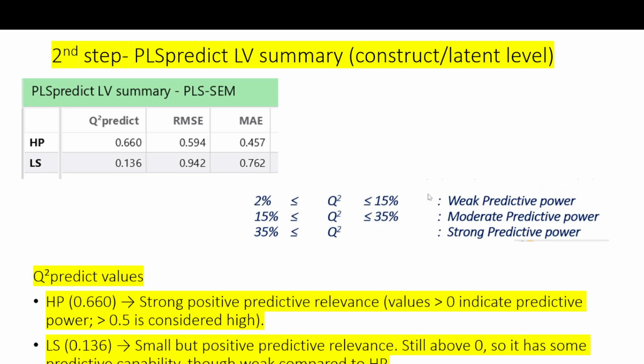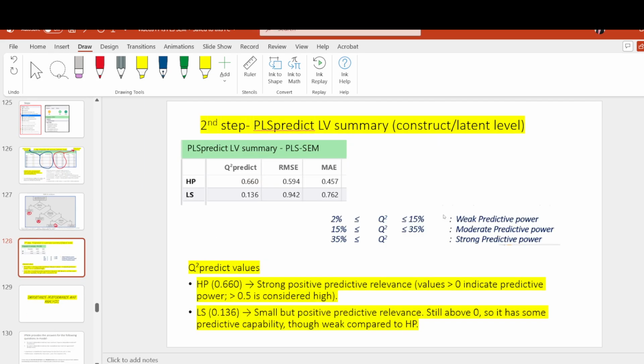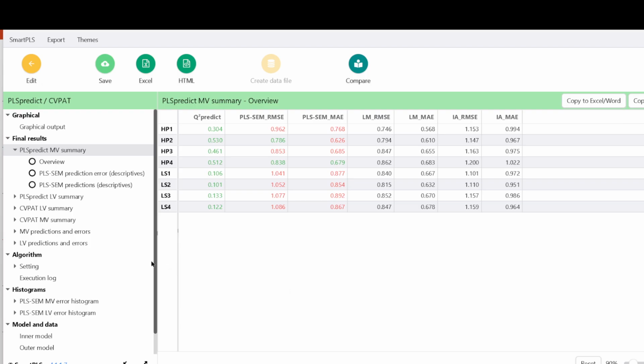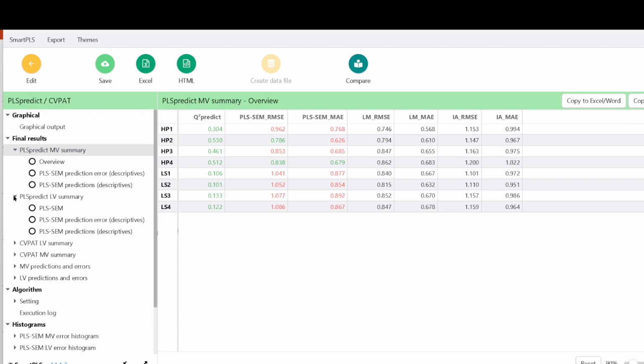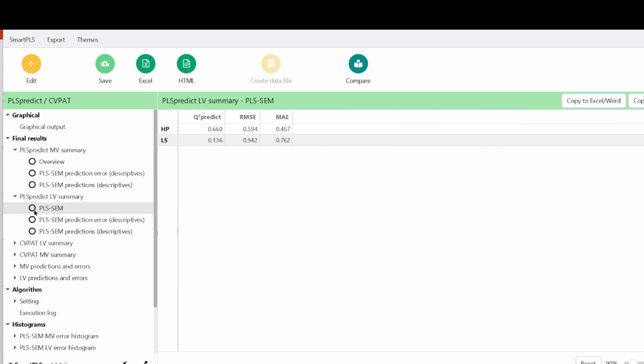Now, the next step is to examine the PLS predict LV summary, at the latent variable or construct level. So again, you have to go to the software and click on PLS predict LV summary. A small table is there that reflects this result.